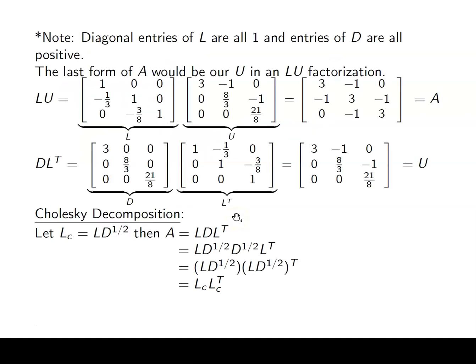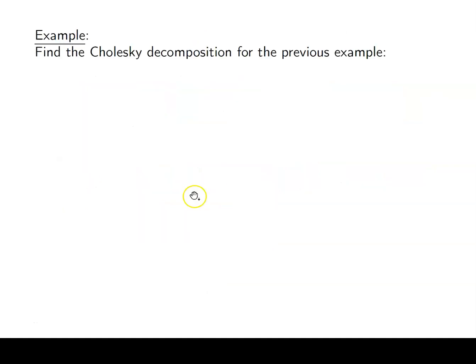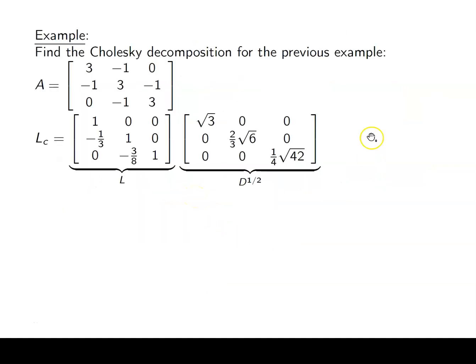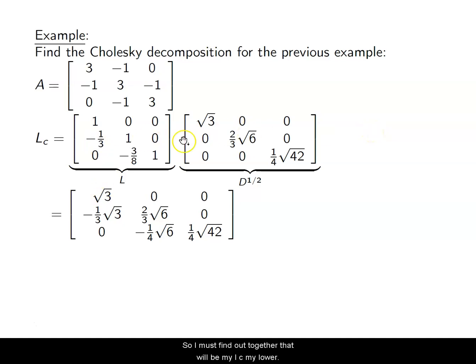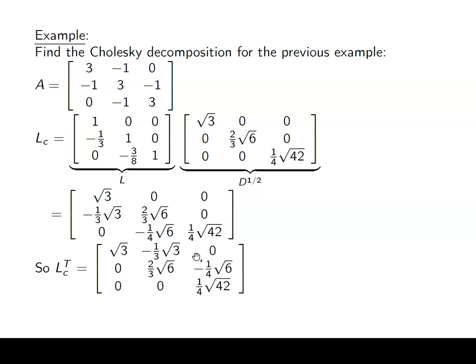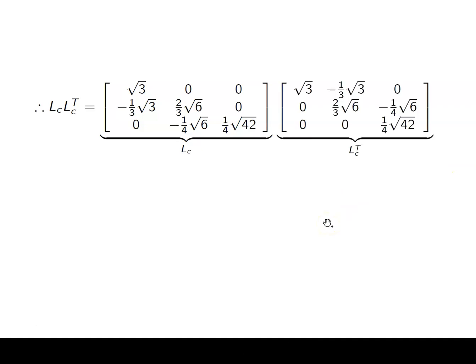Again, I'm just taking these entries and their square roots. If I multiply that together, that will be my LC, my lower Cholesky triangular matrix. Now if I transpose that, that's my lower Cholesky transpose. And if I multiply these two, I should get back A, which I do. And those are our decompositions.